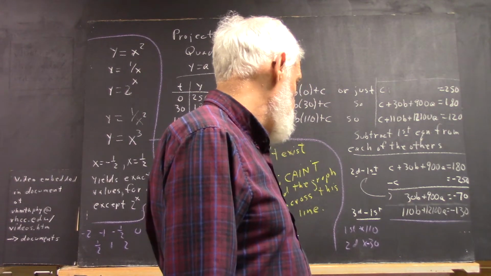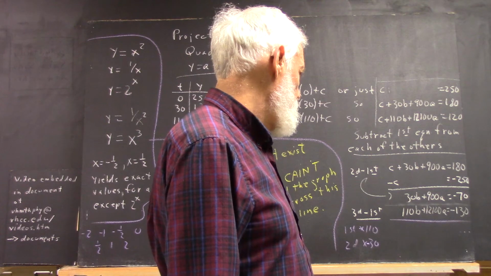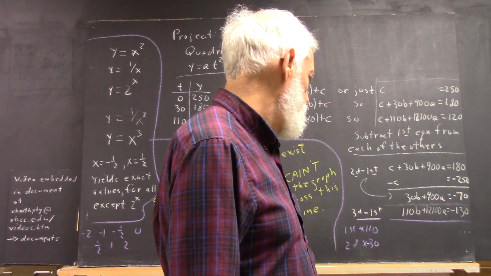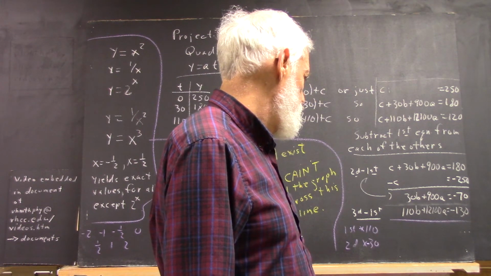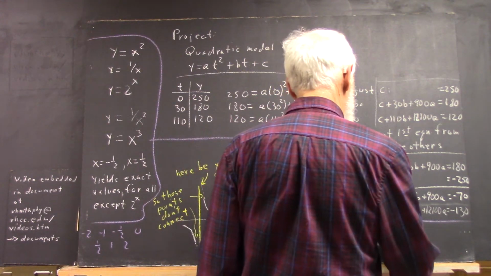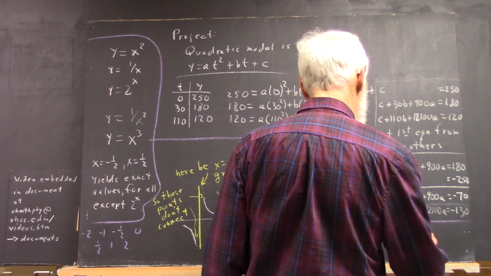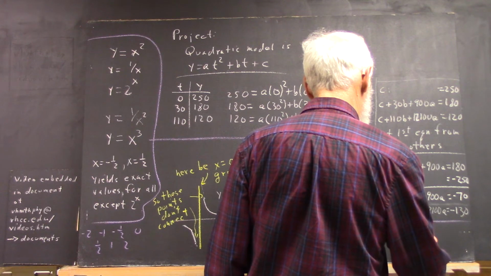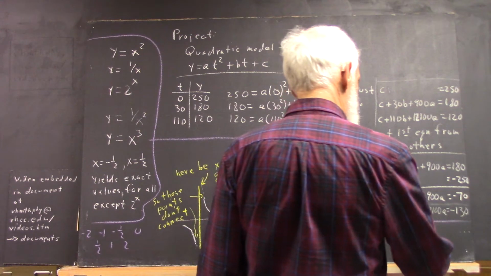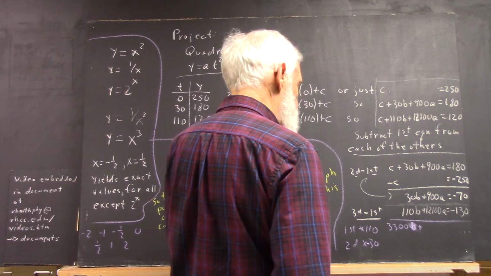Now I'm pretty sure I don't want to do those numbers. Actually, I probably can. Okay. First times 110. 110 times 30 is 3,300. So I have 3,300b plus, then what?